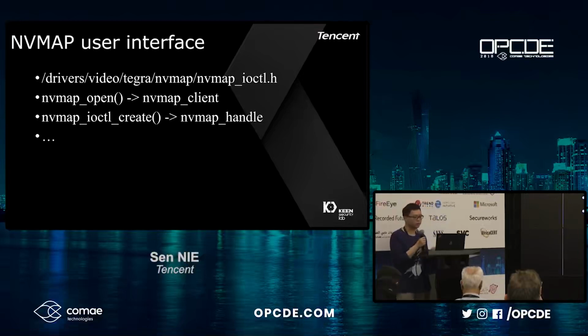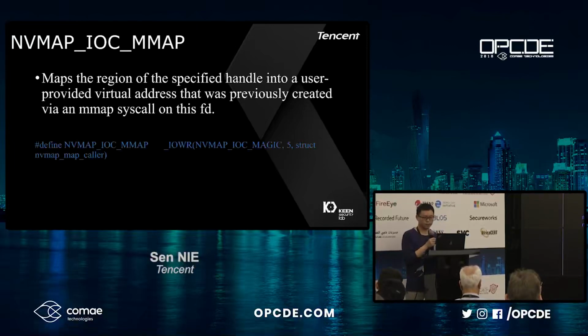This function will create a pointer to the nvmap client structure, and the nvmap IO control create will create an nvmap handle structure. So it's similar logic. You can find some other structures in the code base.